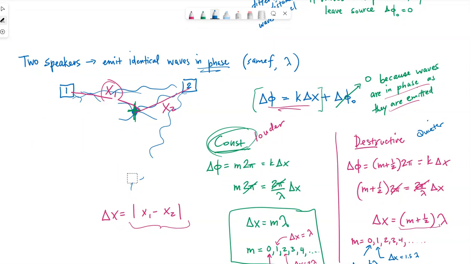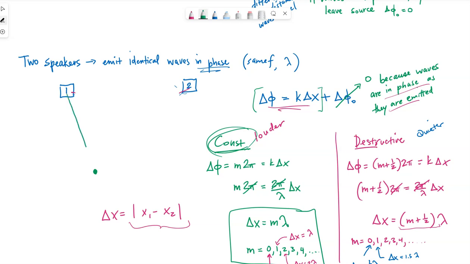Ultimately, what we have to do is, knowing where the sources are, like these two speakers, and knowing a location that we're talking about, an observer, we have to analyze how far the sound travels from speaker 1. Similarly, we have to find out how far the sound travels from speaker 2 and find that difference.